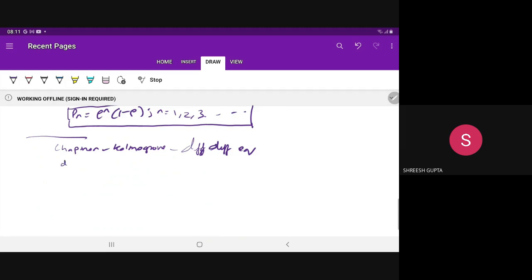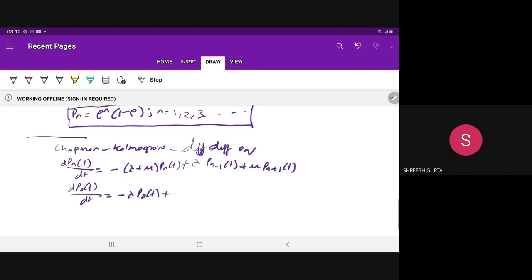if you want to write the transient equation, dpn(t) by dt is equal to minus (lambda plus mu) pn(t) plus lambda pn minus 1(t) plus mu pn plus 1(t), and for the zero node, dp0 by dt is equal to minus lambda p0(t), the outgoing, plus mu p1(t), the incoming.